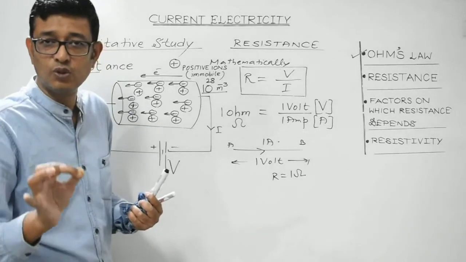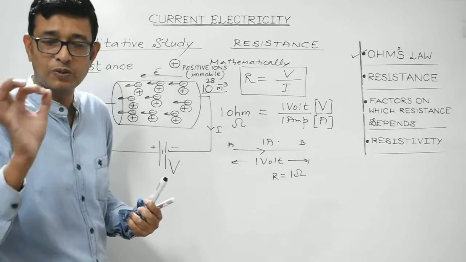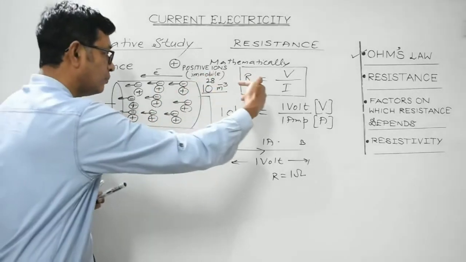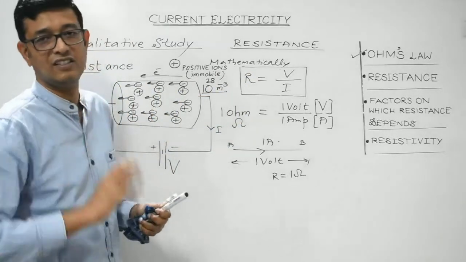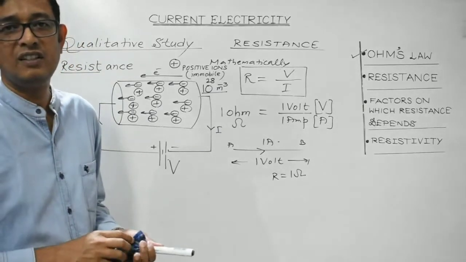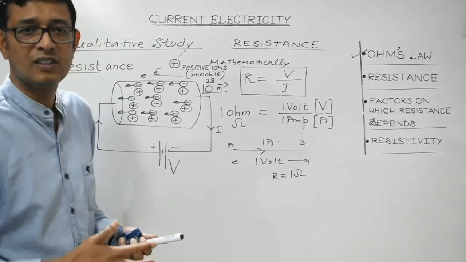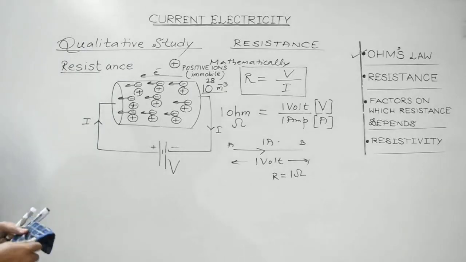Students, this opposition, hindrance or obstruction offered by the positive ions of the conductor towards the movement of free electrons is known as resistance. Right? So that's the qualitative study of resistance. Resistance itself denotes opposition, some sort of hurdle. So this is how resistance may be defined.